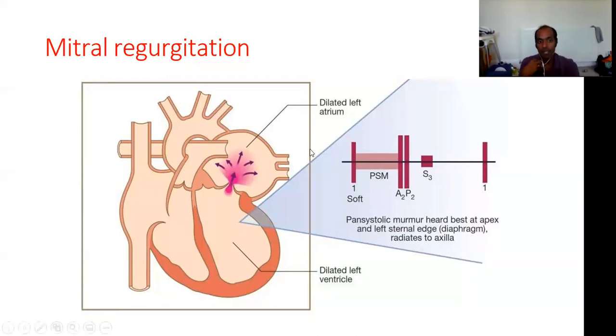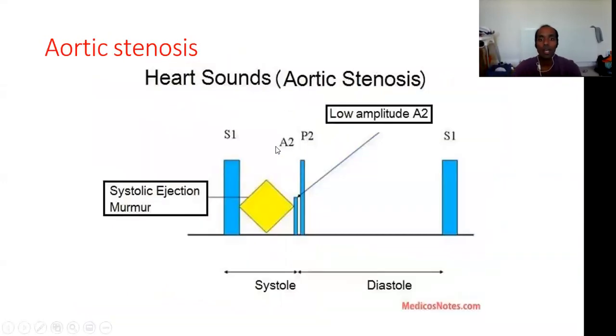And it sounds like this. Okay, sounds like that. It's a long murmur. Aortic stenosis is an ejection or short systolic murmur in the aortic area, radiating to the carotids. Remember, for radiation you have to hear it with the same intensity, radiating to the carotids.